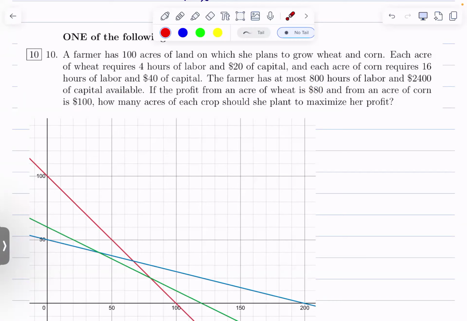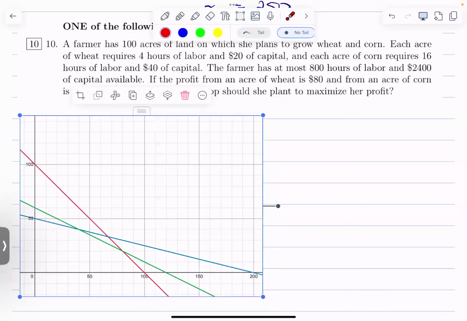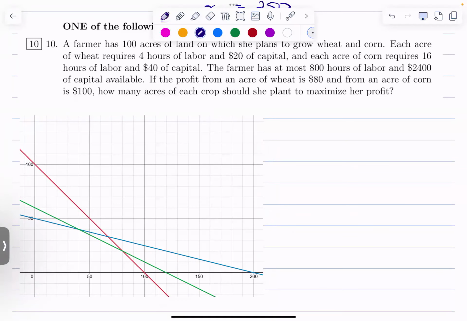Now you don't want to mix these up, because I've used x and y in the order that they appeared. First thing we do, we want to maximize your profit. And your profit is 80 times however many acres of wheat, and so we've got 80 wheat and 100 for every acre of corn.